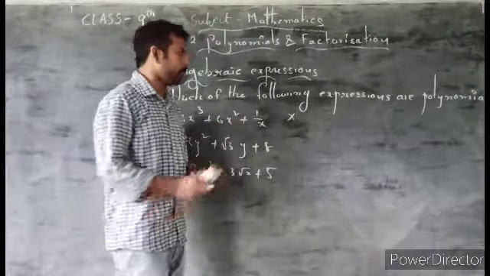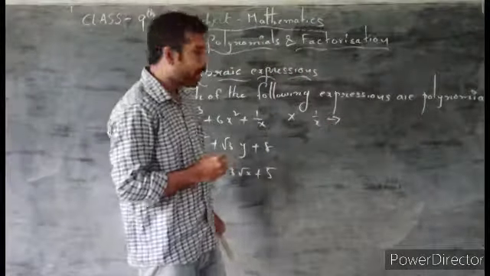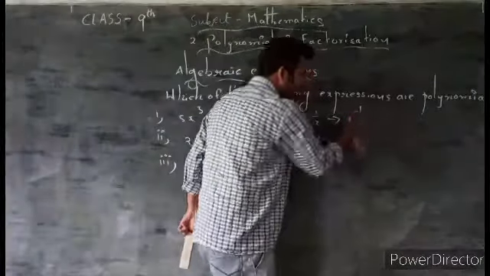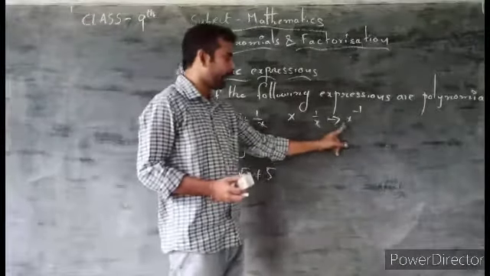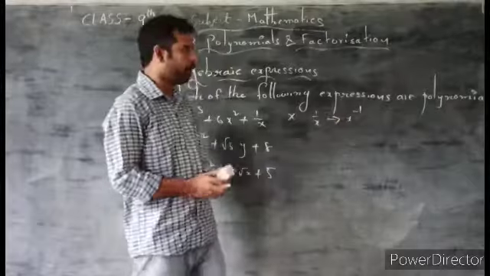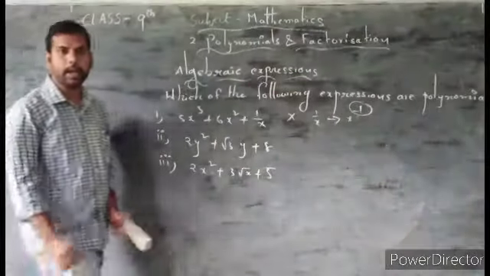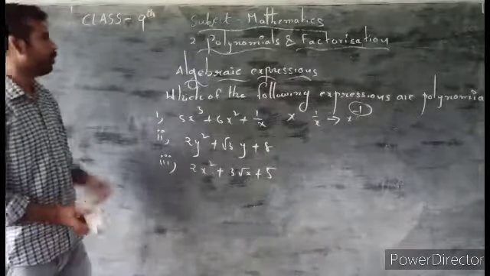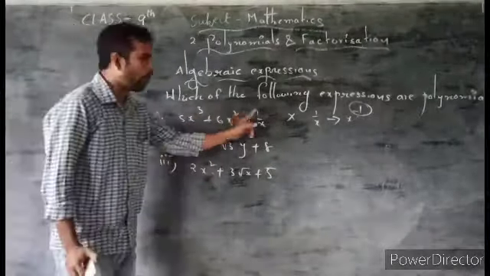And here 1 by x, 1 by x can be written as x power minus 1. So it is not a non-negative integer. So the total equation is not a polynomial.